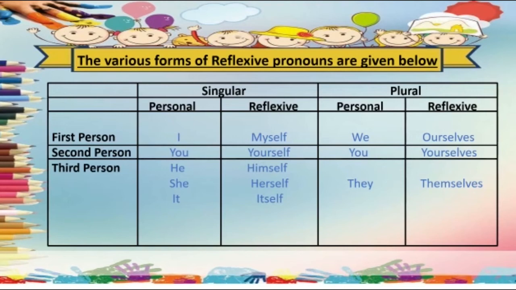Plural, personal you, reflexive yourselves. Third person, singular, personal he, she, it. Reflexive, himself, herself, itself. Plural, personal they, reflexive themselves.